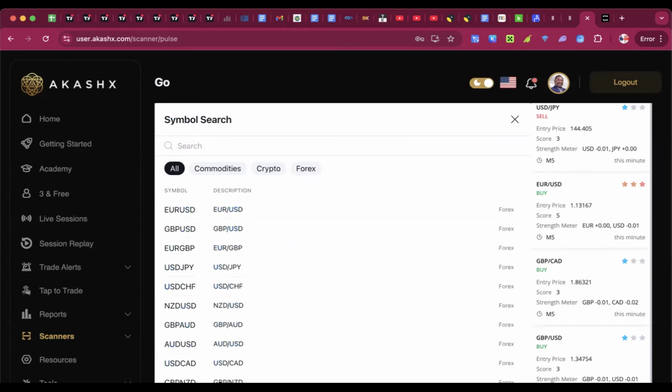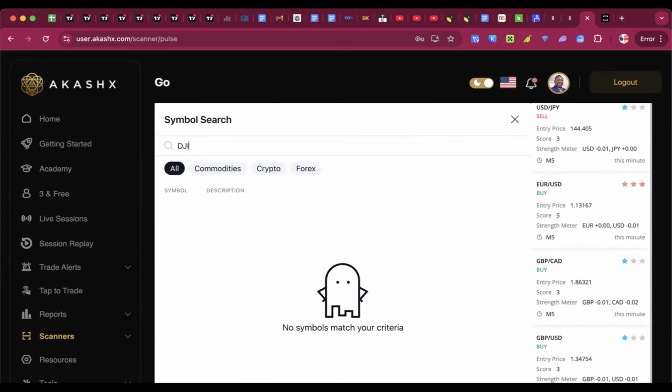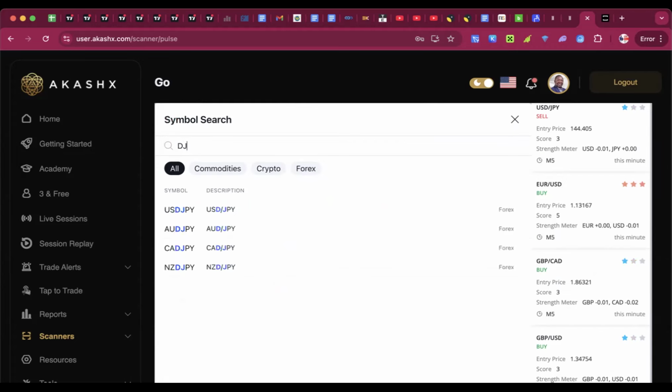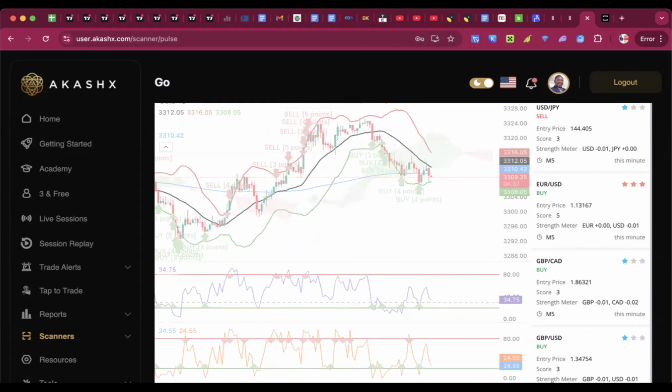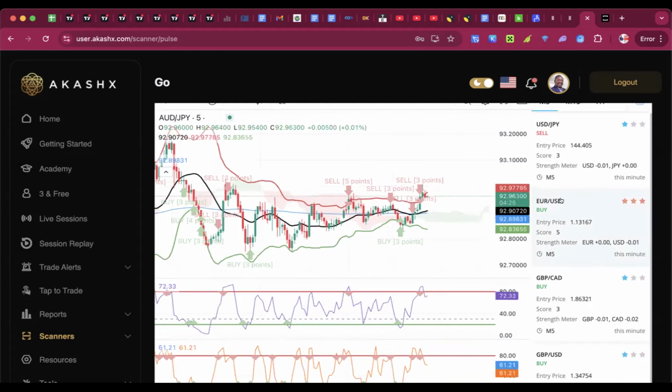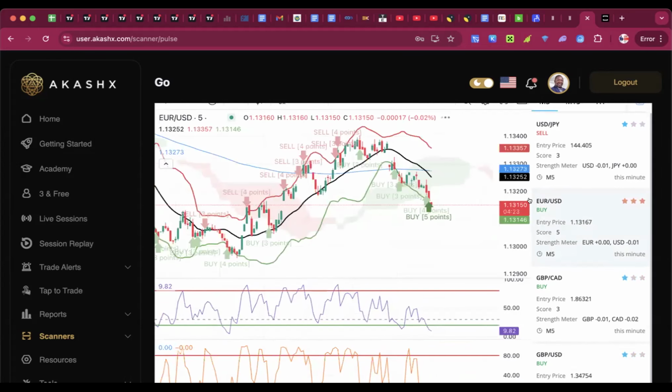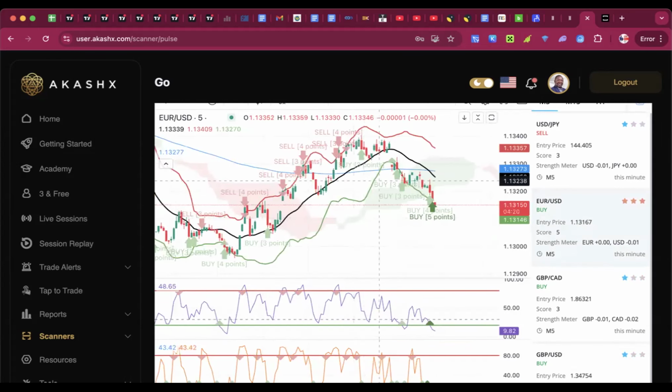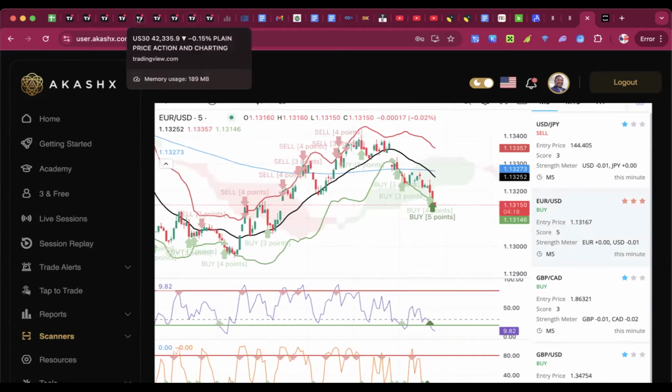Okay, or they do not have. Okay, here the JPY. First one, Euro USD is talking of buy. Okay, so let's check now.